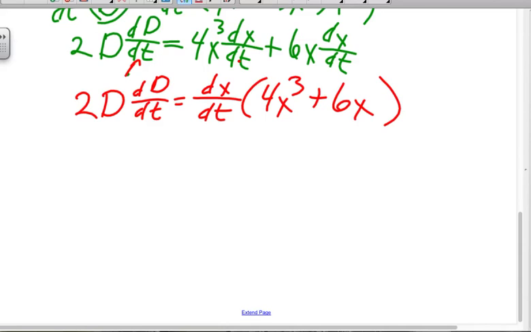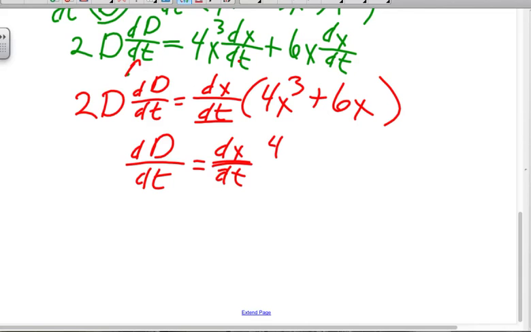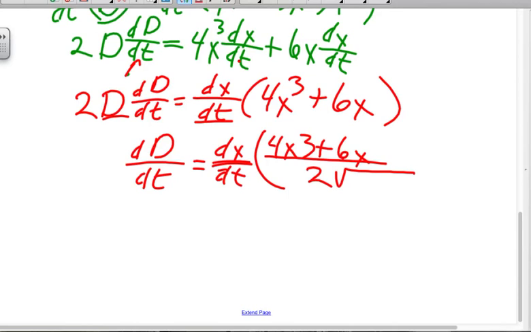Yeah, I know you can factor an x out or a 2x out, but in this case, this is what we're interested in. And now, to solve for dD dt, I'm going to divide by 2D. It's going to be dx dt times 4x cubed plus 6x over 2 times D, and D is my distance.